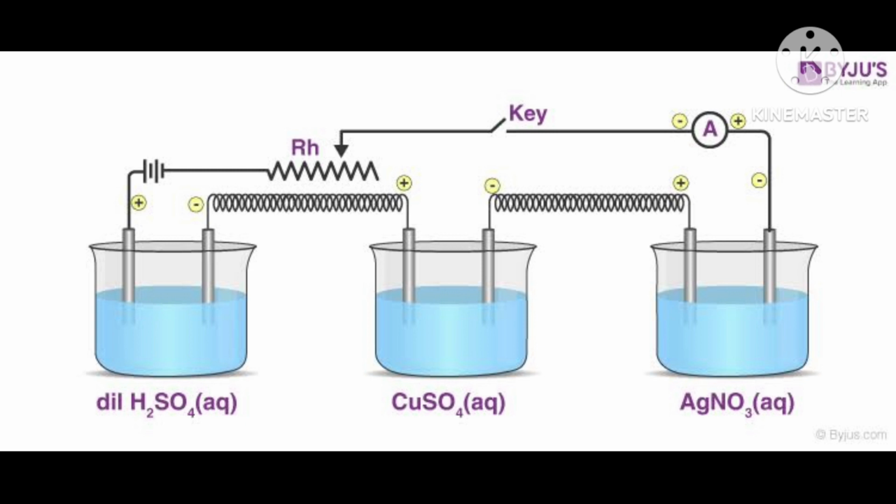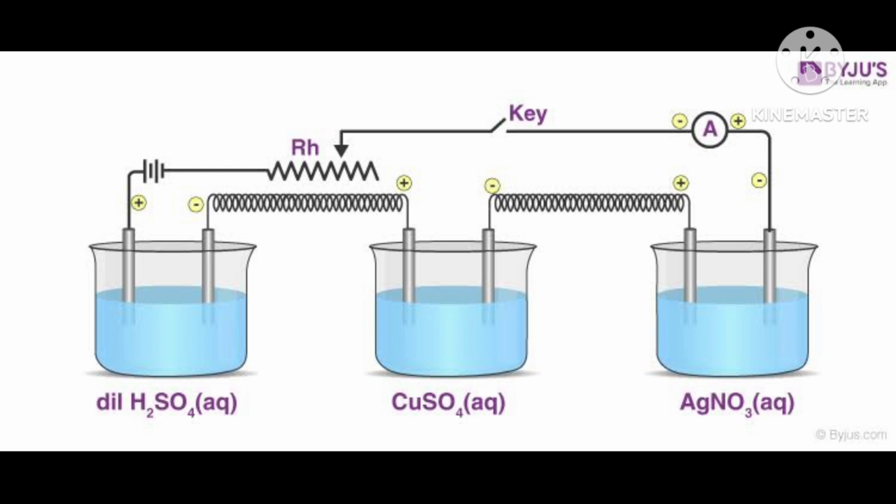Now I am telling you, during the electrolysis of aqueous sodium chloride, means NaCl dissolved in water, what product will you get? Theoretically, you will get sodium metal at cathode and chlorine gas at anode. But in real practice what happens, that I am telling you.